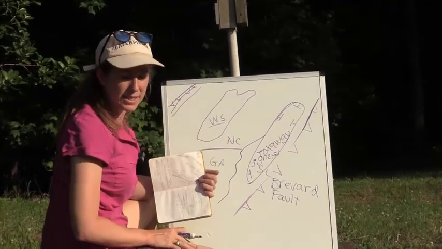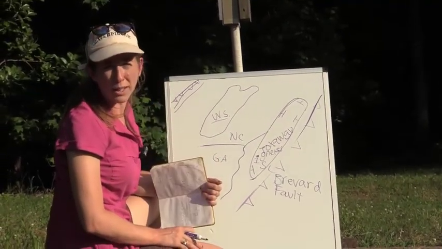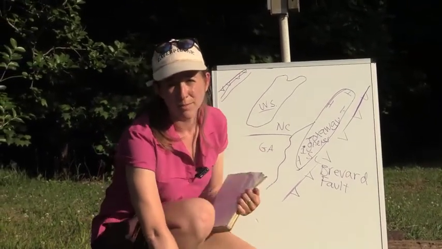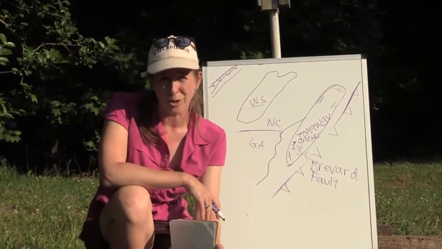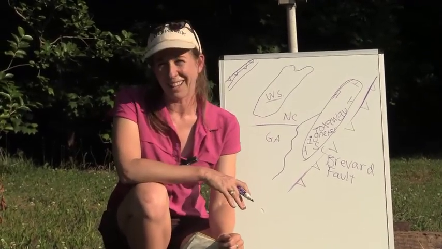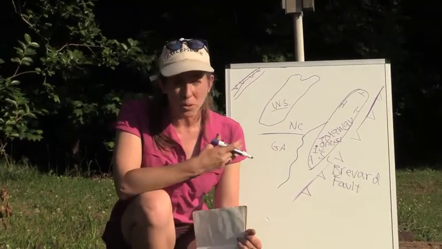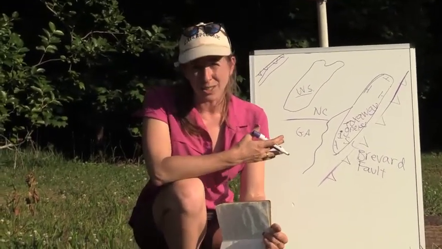The Toxaway gneiss has been dated at 1.1 billion years old. And this dating was done by dating zircons. Zircons are an incredibly useful geochronometer. It's complicated dating metamorphic rocks that have undergone multiple phases of metamorphism, as these rocks have.